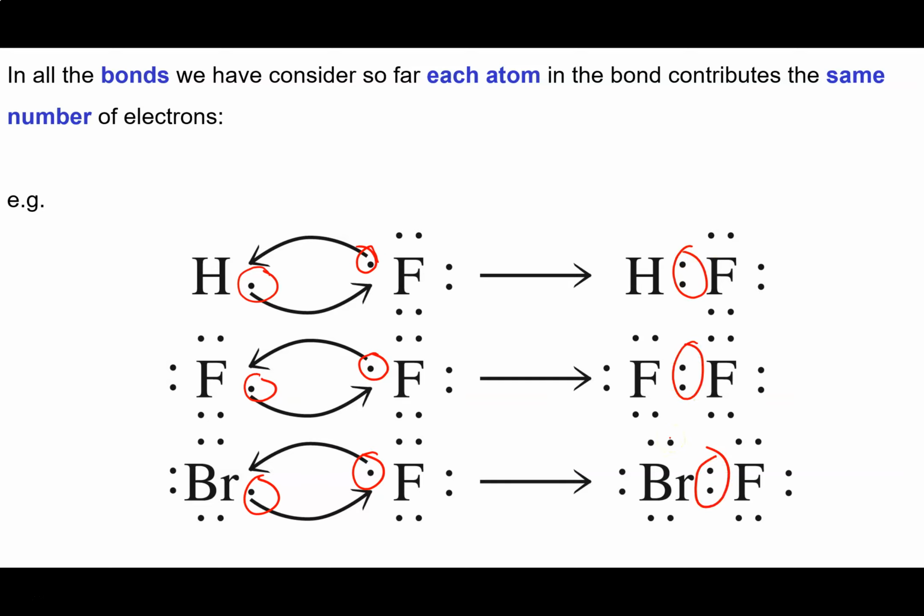Now, I should point out that we're only ever going to be looking at molecules that have one central atom with a bunch of other atoms on the outside, and they may not all be the same.